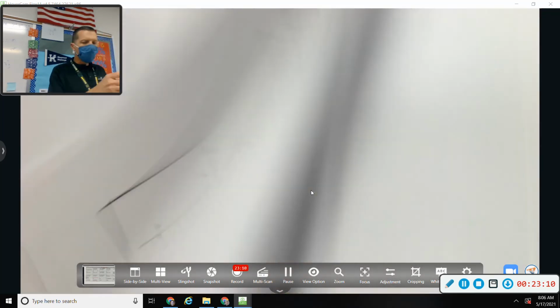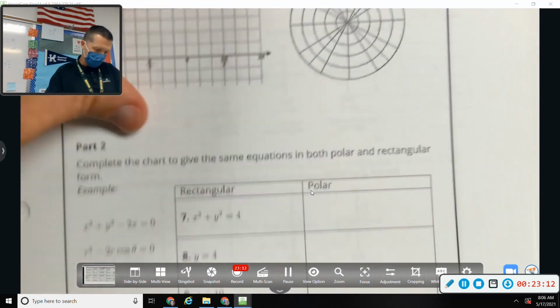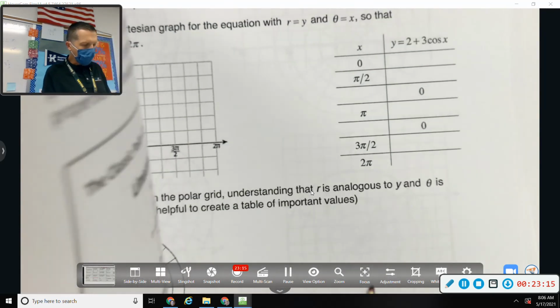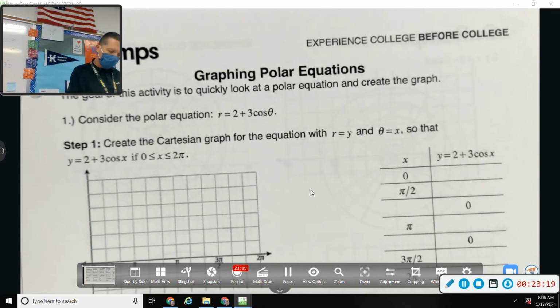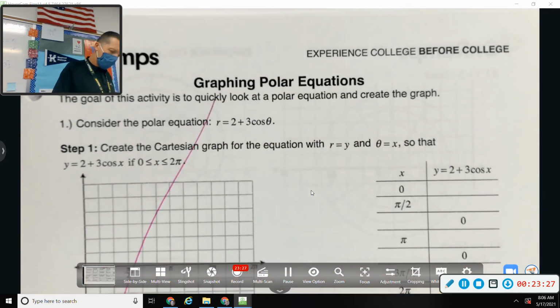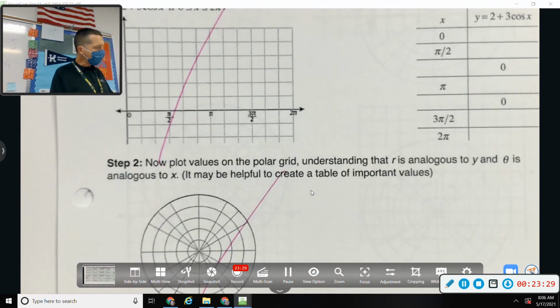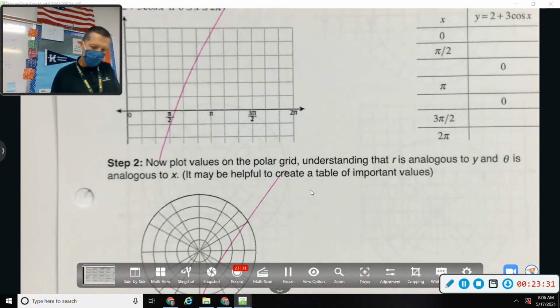All right, here's what your homework for today is. So turn a couple pages over to where it says graphing polar equations. You can omit 1 and 2. Omit.